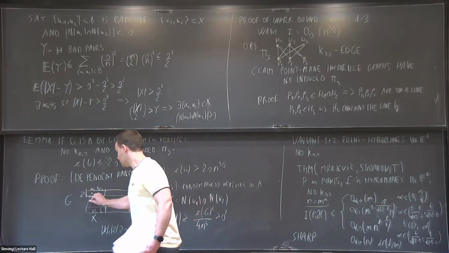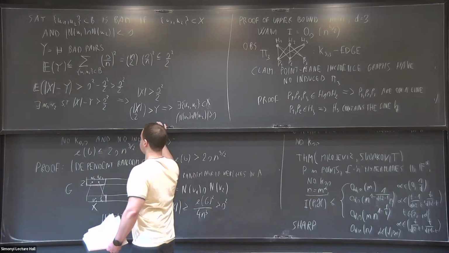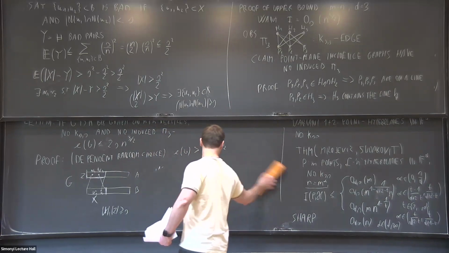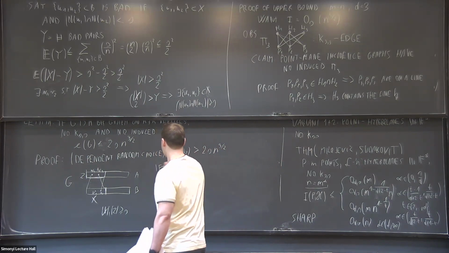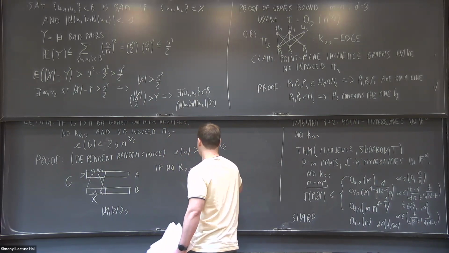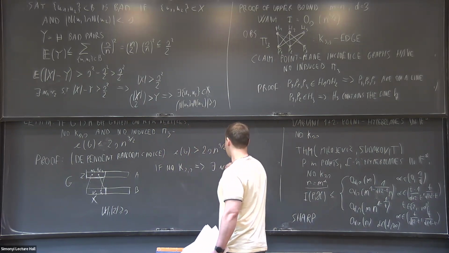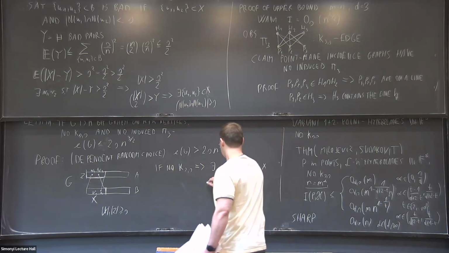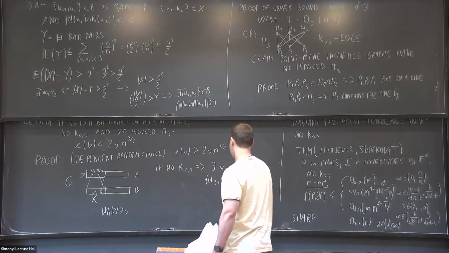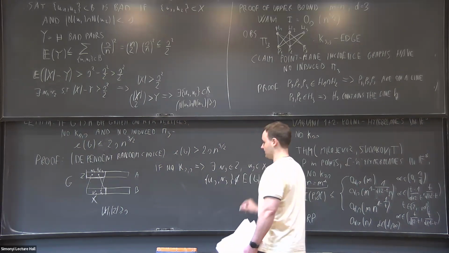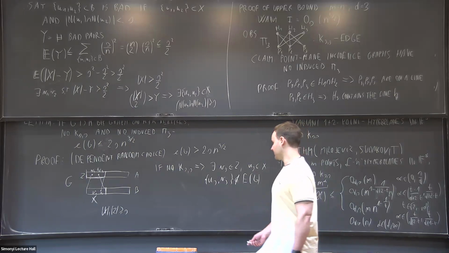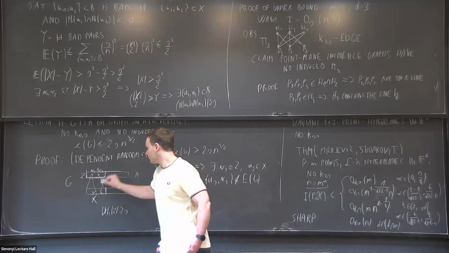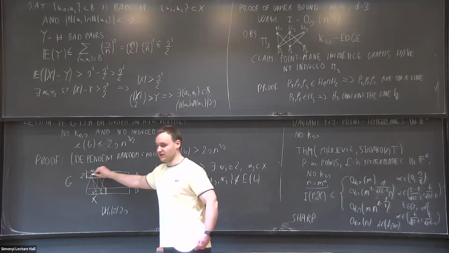So if there is no K_{S,S}, there exist some V3 in Z and U3 in X such that U3V3 is not an edge of G. But then we found our pattern P3, because U3 and V3 have to be different from V1, V2, and U1, U2, because they are all connected to each other and to everything on the other side.